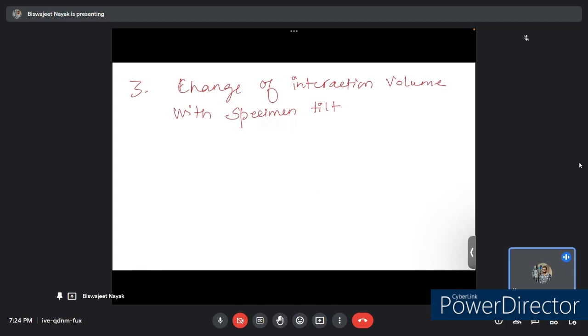When the tilt angle increases, the beam approaches very close to the surface, and it changes the volume drastically.